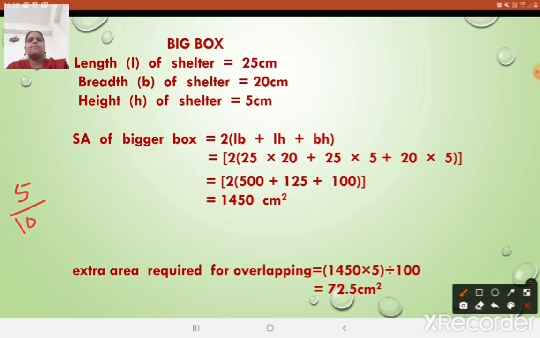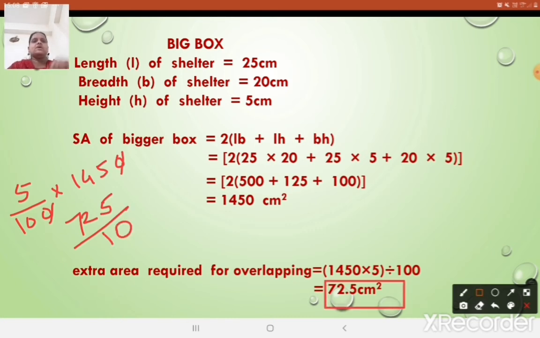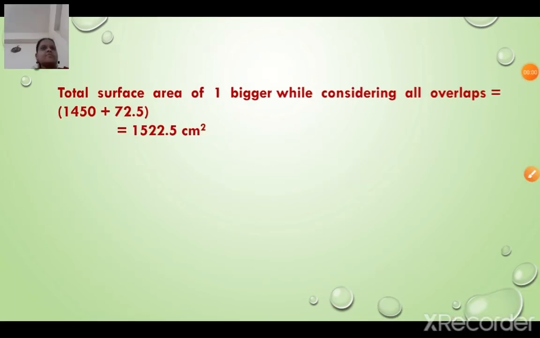So 5 upon 100 into 1450. So 0 and 0 will get cancelled. 5 5s are 25, carry 2. 5 4s are 20 plus 2 is 22. 5 1s are 5 plus 2, 7. 725 by 10. So you will get the answer as 72.5 centimeters square.